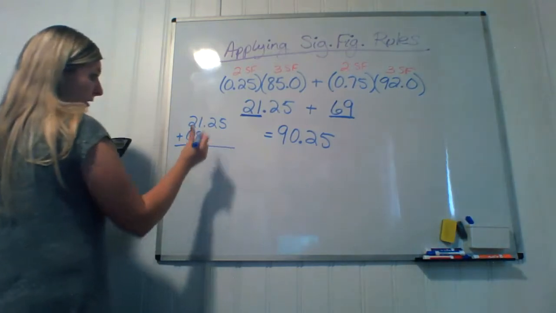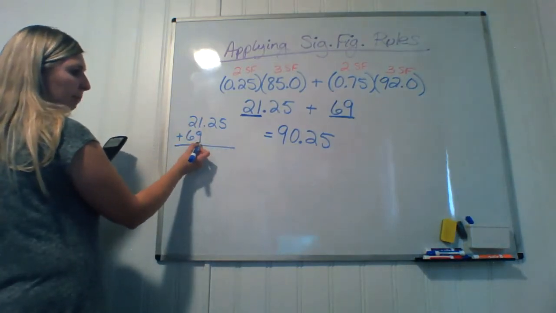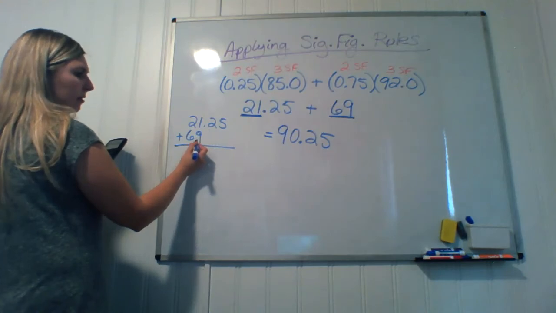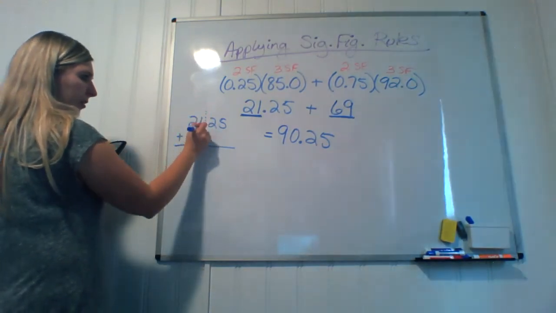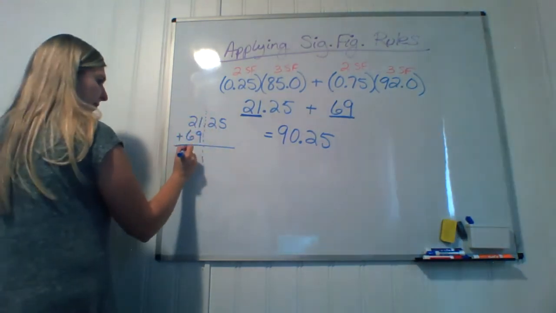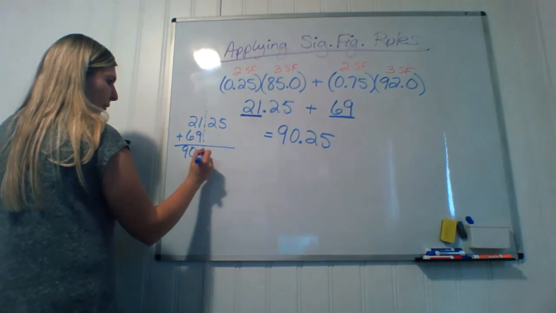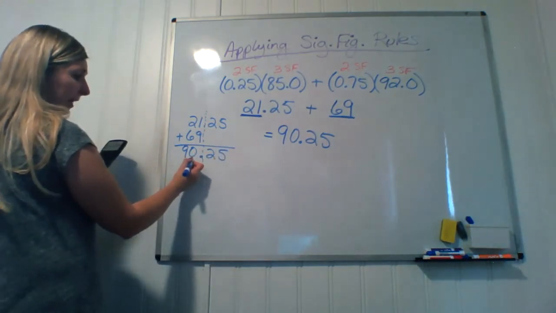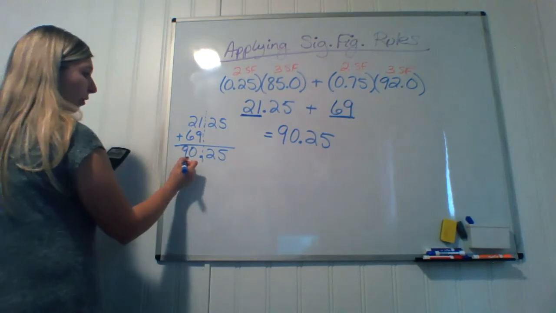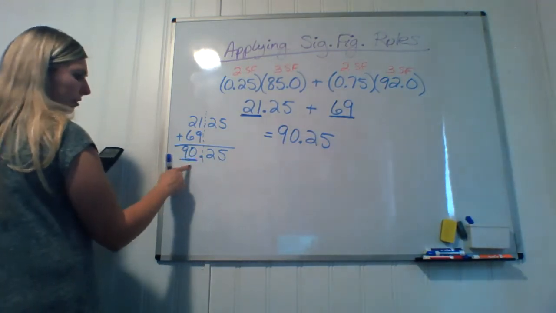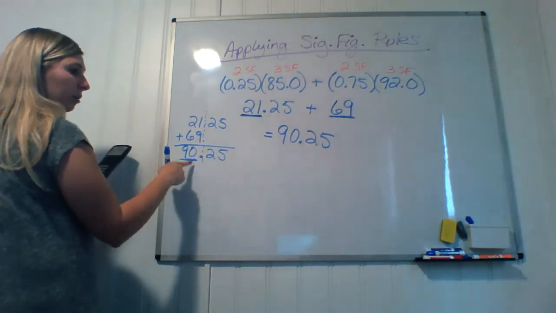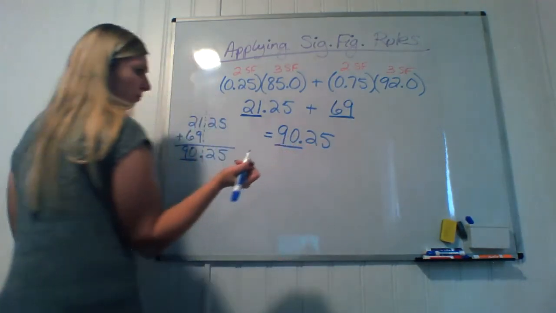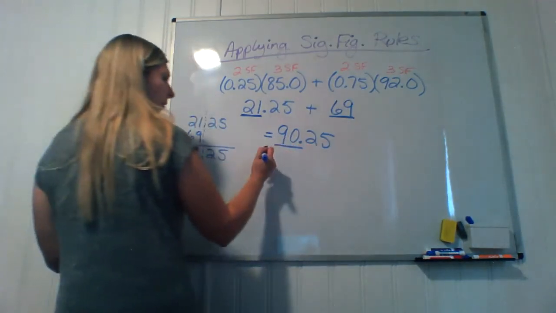Okay. Now we only have this number to the ones place. So there is no decimal places here. So your final answer, 90.25, will only be to the ones place, okay? So these 2 digits are significant in your calculation. So these 2 are your significant digits in your final answer.